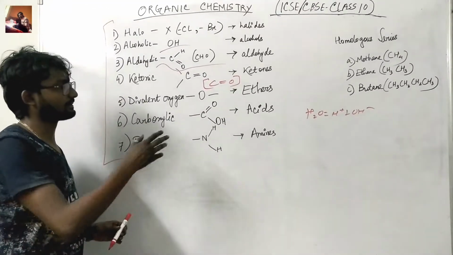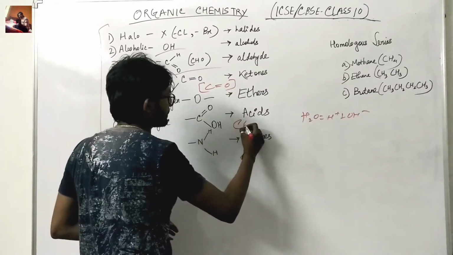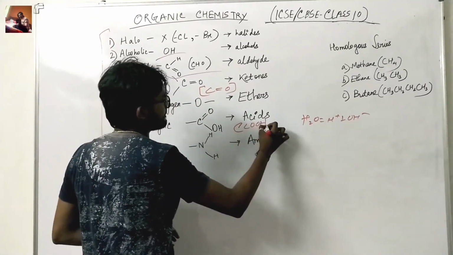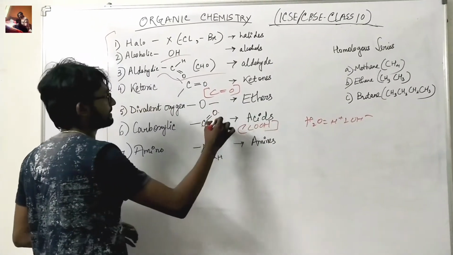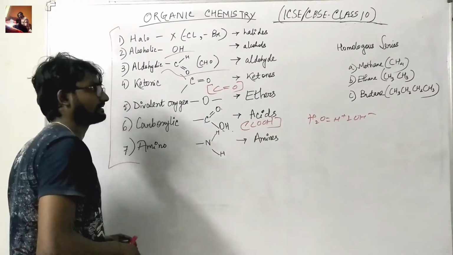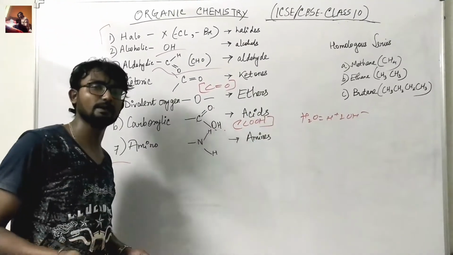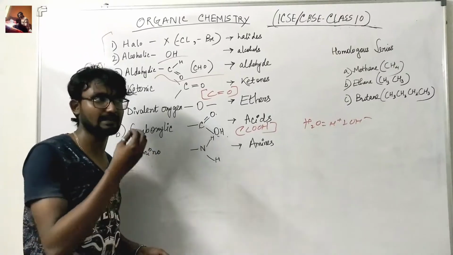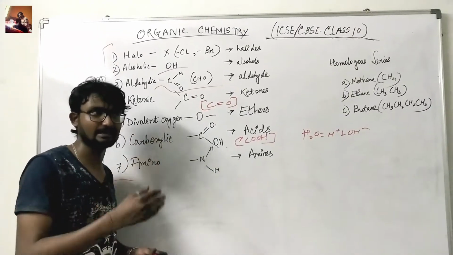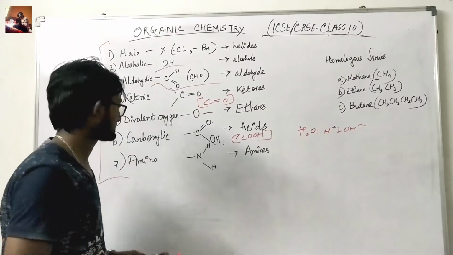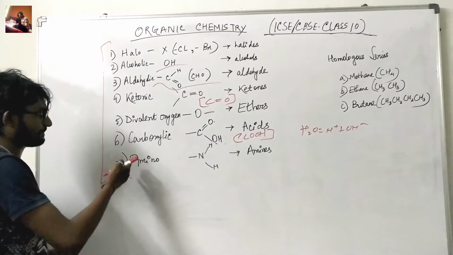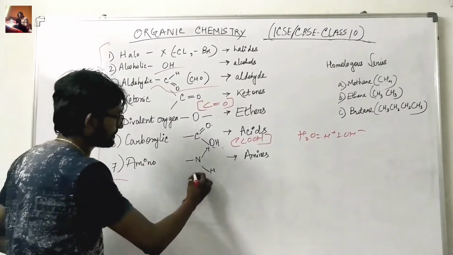Carboxylic is COOH. COOH is acid, like HCOOH, formic acid, which you can find in an ant sting. And amino is NH2.